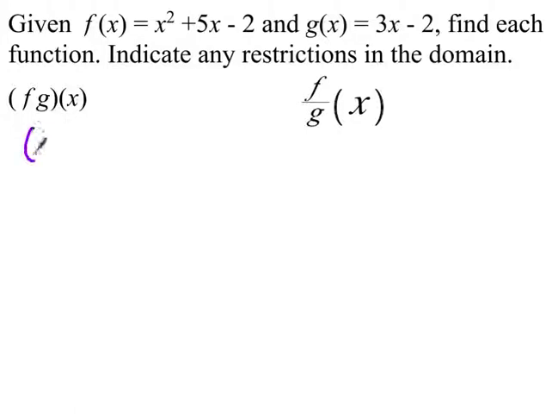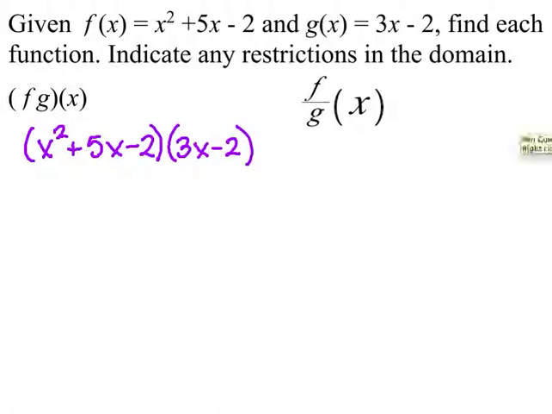It says f, so x squared plus 5x minus 2, times g, which is 3x minus 2. This should look familiar because you actually had problems like this last chapter. So remember how we do this.